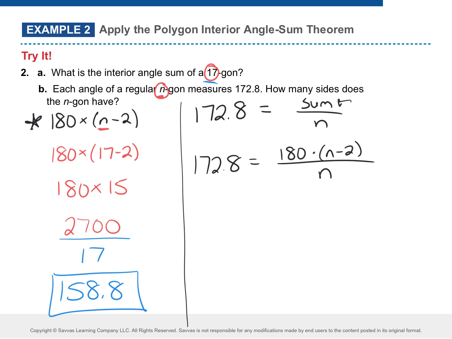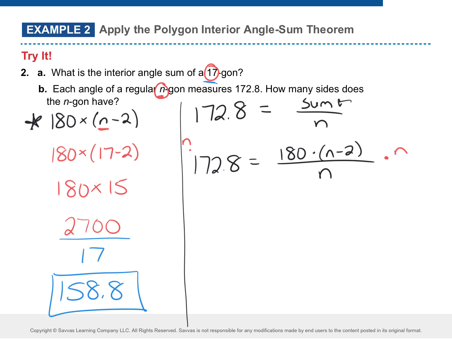So there's my equation that we are going to set up to solve for n. Again, we don't like fractions. How do I get rid of fractions? Multiply by the bottom number, which is n. So I'm going to multiply by n on both sides to get rid of that fraction.